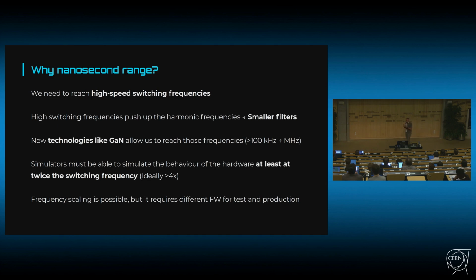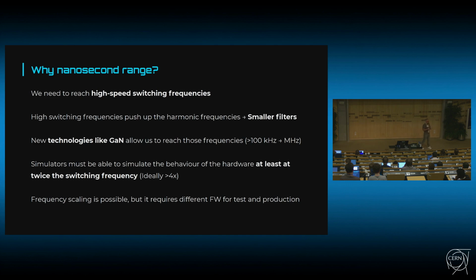So if the simulator is not able to follow the speed of the system, ideally it has to be able to run at least at twice the speed of the system, but ideally we are going to need 4x or even 10x. So that is the reason why we need very fast simulators.